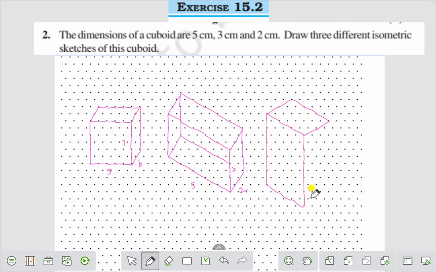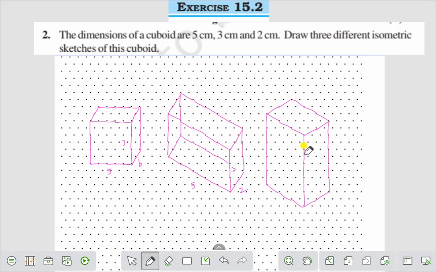Now draw this parallel. This is also 2 unit. Let us take 2 unit from here, that is 1, 2 unit, right? And it is 5 unit, 1, 2, 3, 4, 5, that is from here 1, 2, 3, 4 and 5, right?